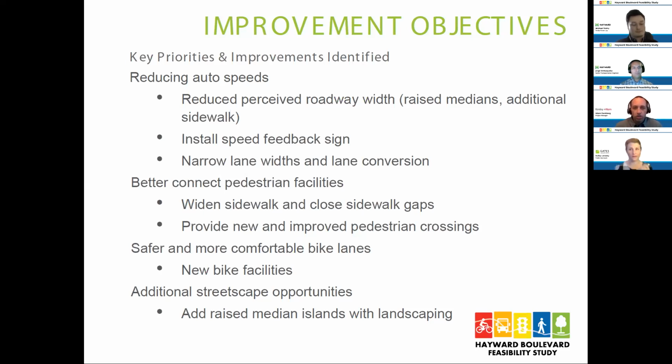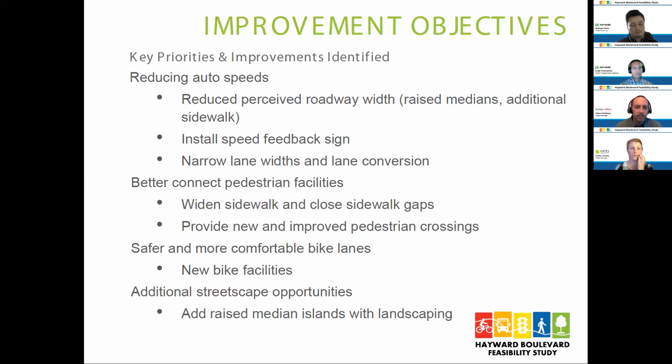There are some technology tools like speed feedback signs, which are the little radar signs that flash if you're going too fast. And another really effective tool associated with reducing the perceived roadway width is narrowing the lane width. Usually that goes hand in hand with some of those things like the raised medians and the additional sidewalk, or even lane conversion, where we actually convert a driving lane into another purpose.